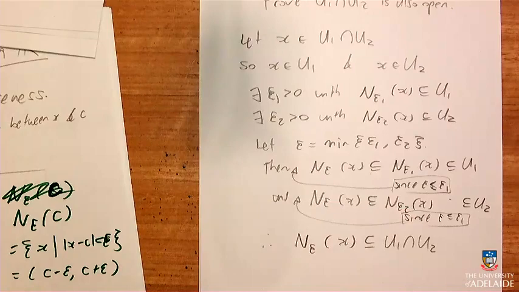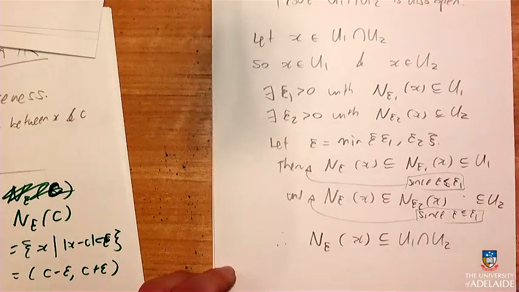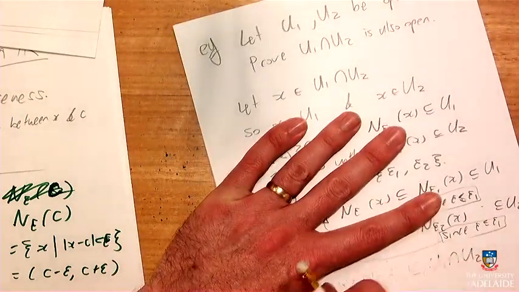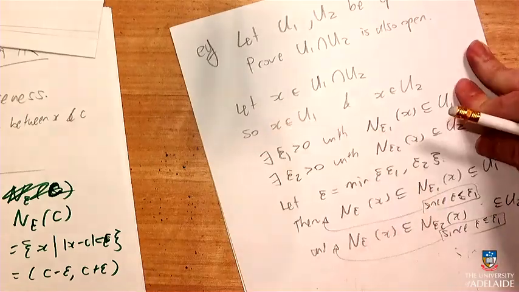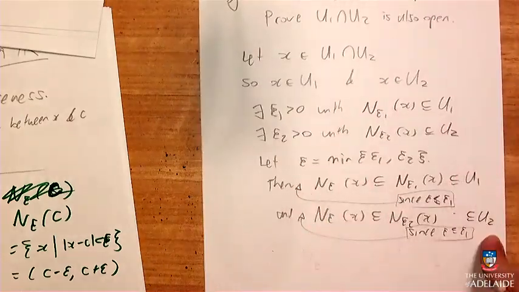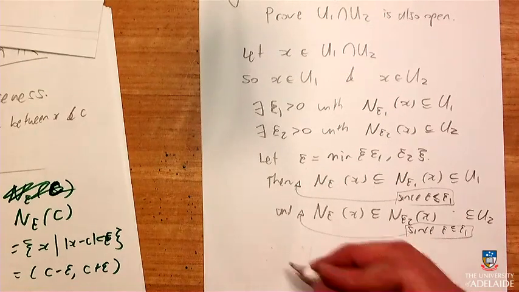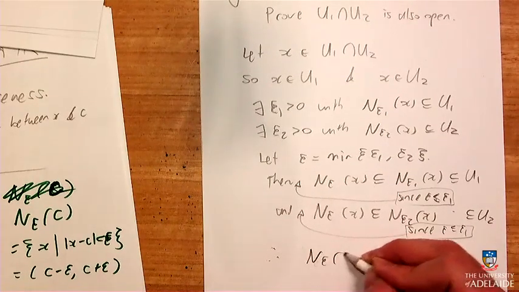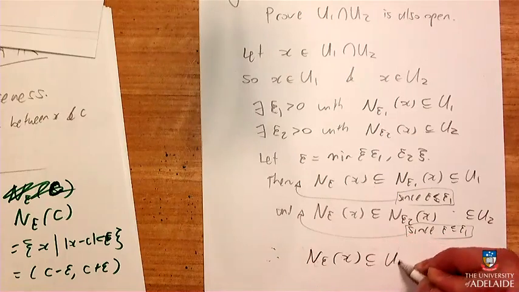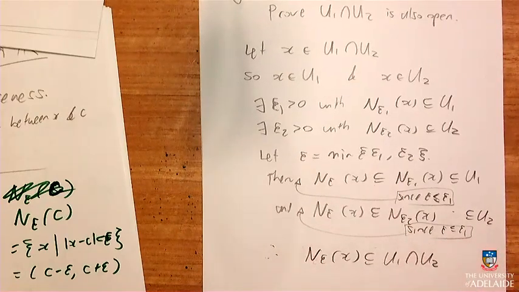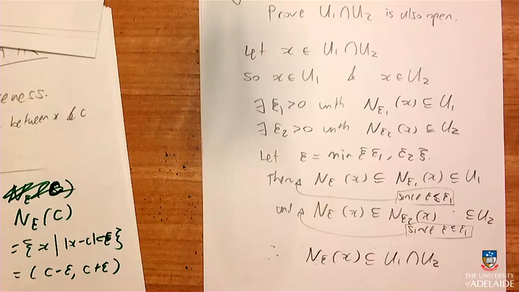And I'm nearly there. Therefore, since this set is contained in both of them, it must be contained in the intersection. Oh, I can just say it. So ta-da, it's open.